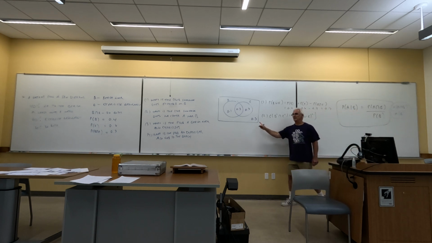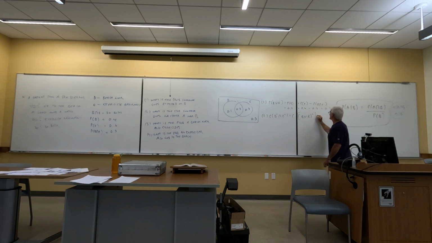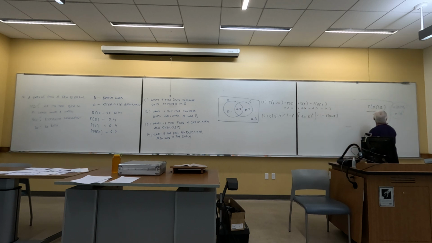So in other words, I asked you for this. So mathematically, what would we do? 1 minus the probability of B union E. I want to write down the formal notation so we know where everything is coming from. Okay? So this answer is what? 1 minus 0.7 or 0.3. Well, that's apparent in our picture, but we want to actually do the mathematics.